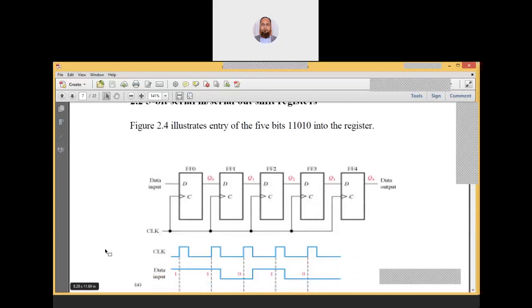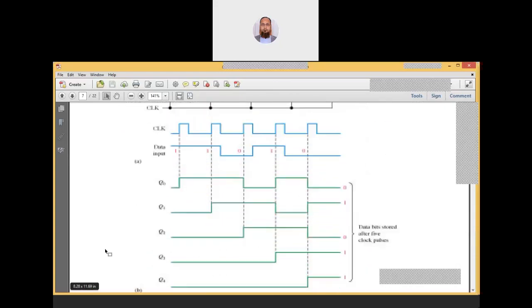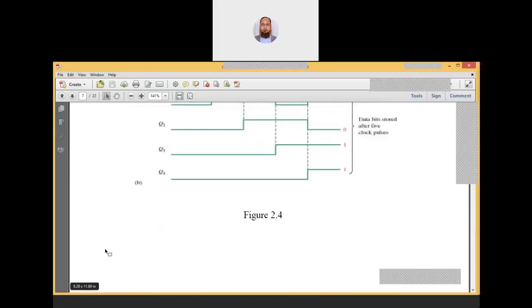We have seen examples as well, 4-bit and 5-bit both. We have seen how we can input the data in the register, and how we can take the data outside from a shift register.